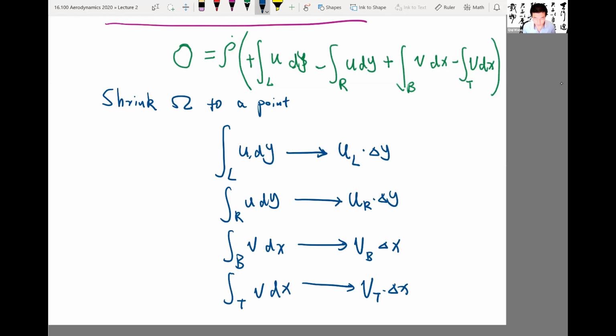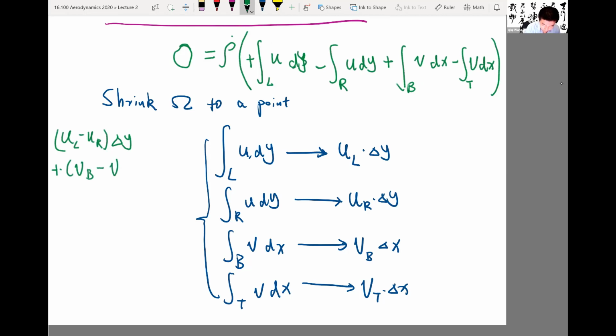And now let's look at what the mass conservation is going to give us. If you combine all of these, the equation, which is the conservation of mass, becomes u on the left minus u on the right times delta y, plus v on the bottom minus v on the top times delta x.